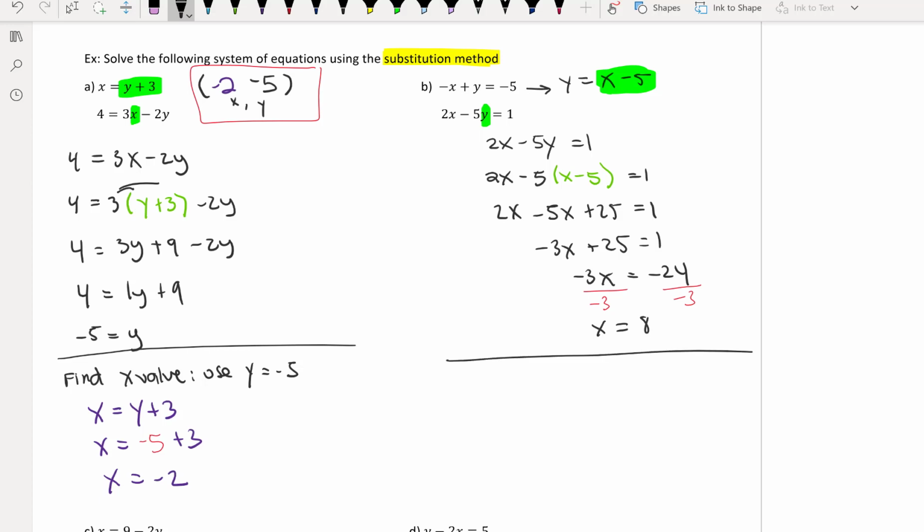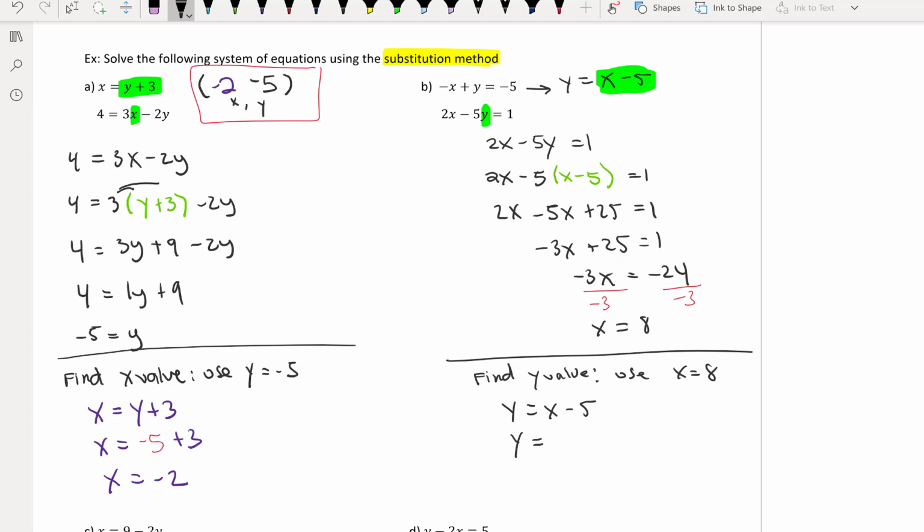So to find the y value, use x is equal to 8. So I already know from my top equation that y is equal to x minus 5.